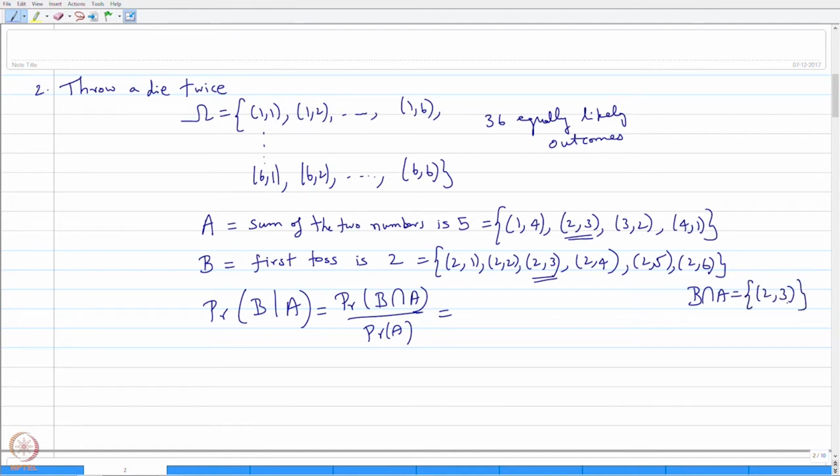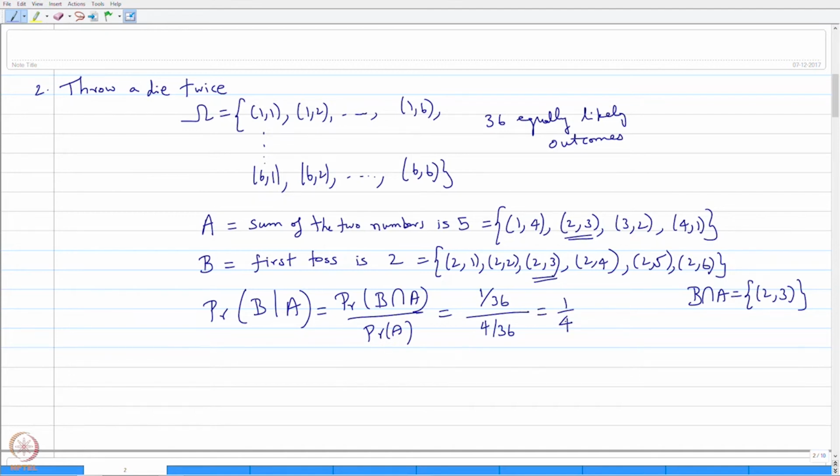So, it is 2 comma 3. The probability of B intersect A is 1 by 36, the probability of A is 4 by 36, and 1 by 36 divided by 4 by 36, the answer ends up being 1 by 4.